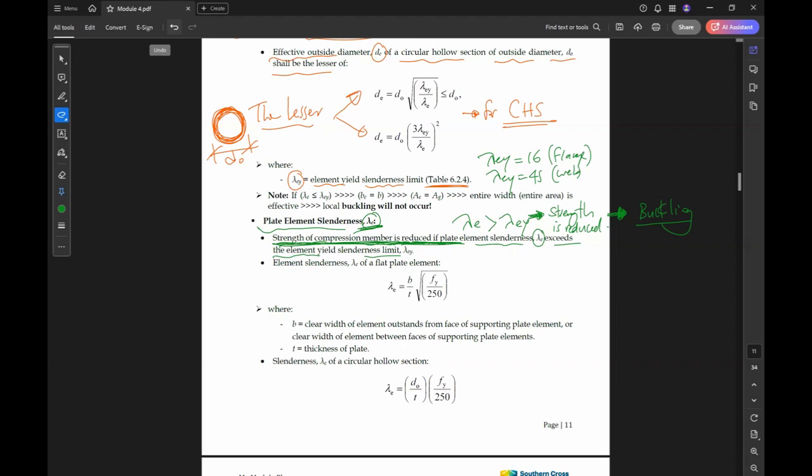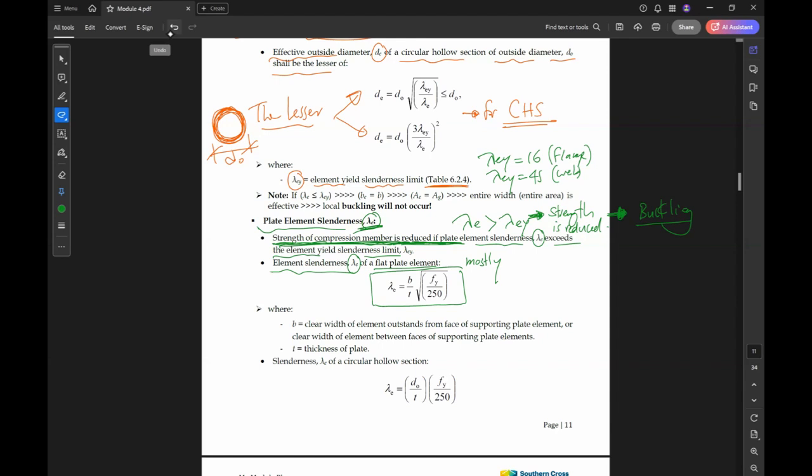So how to find the element slenderness lambda E? Lambda E is equal to this formula for flat plate, which we are dealing mostly with. So lambda E is B over T root F yield over 250.